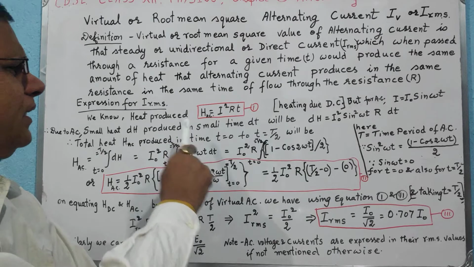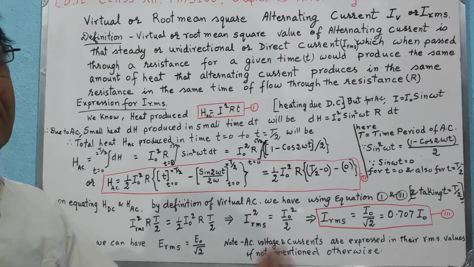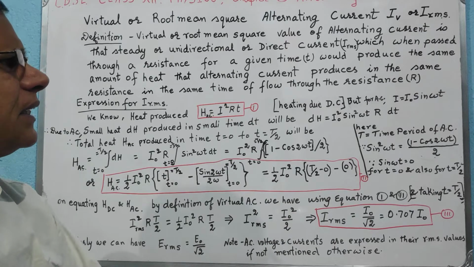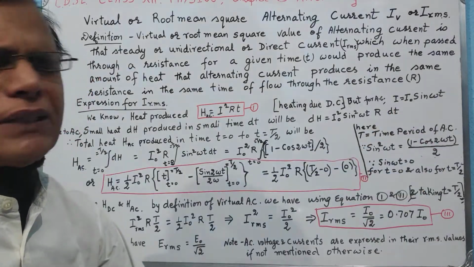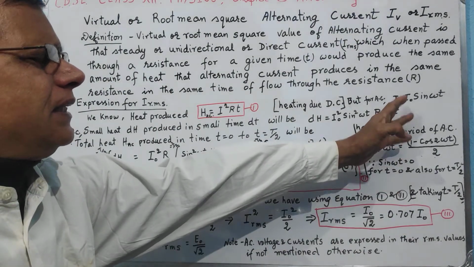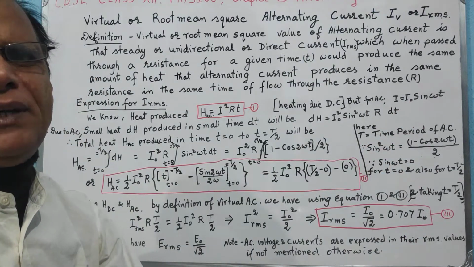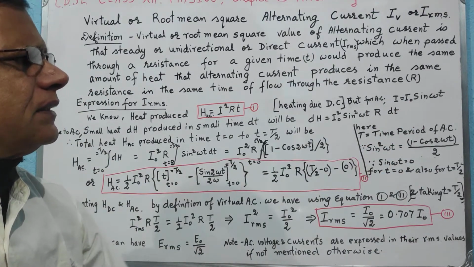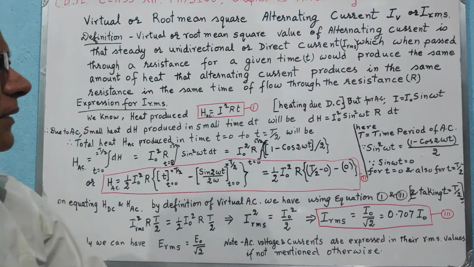Now for DC we have the heat equal to I square RT, but if we talk in terms of AC then we have current differently written and it is I is equal to I0 sin omega t, where I is the instantaneous AC current and I0 is the peak value of the current, and omega t is the phase, omega is the angular speed.